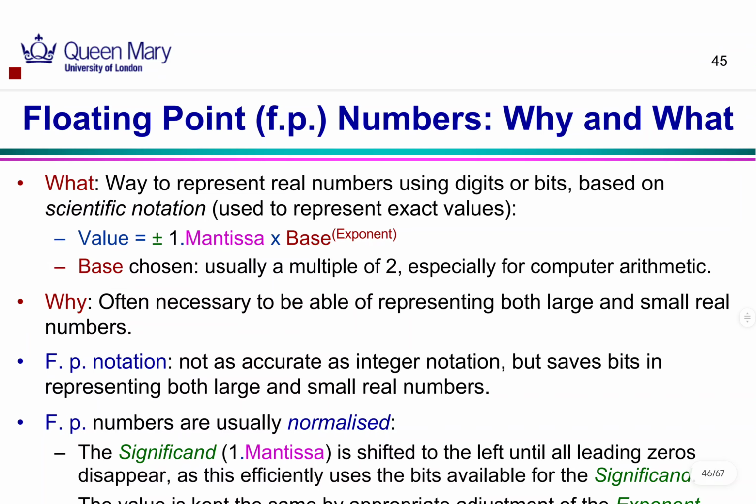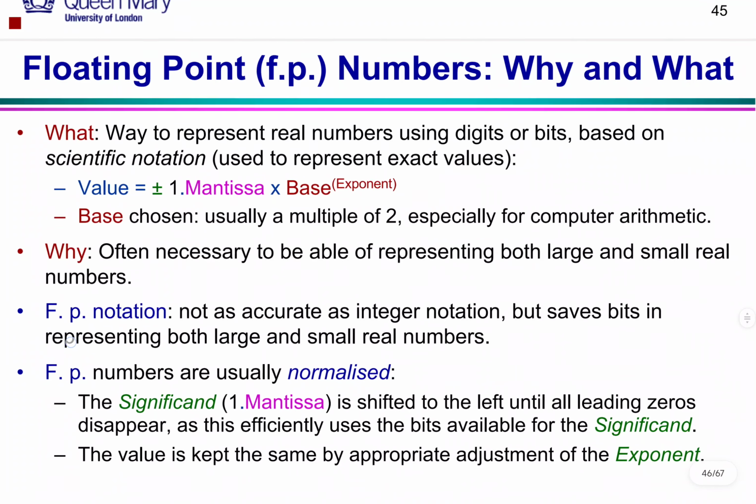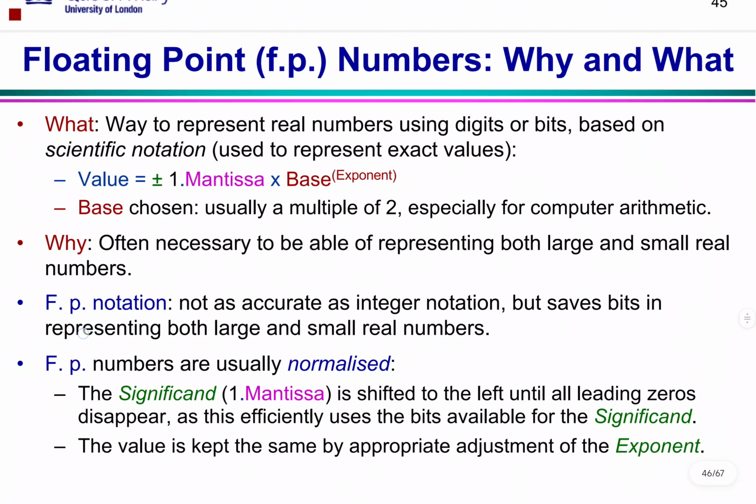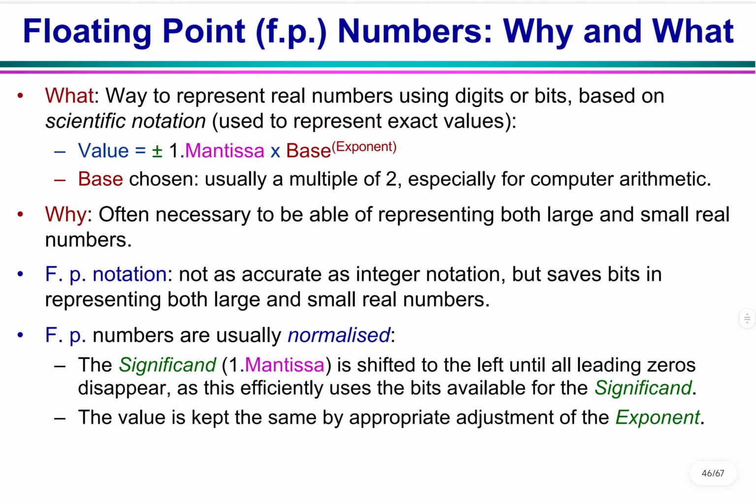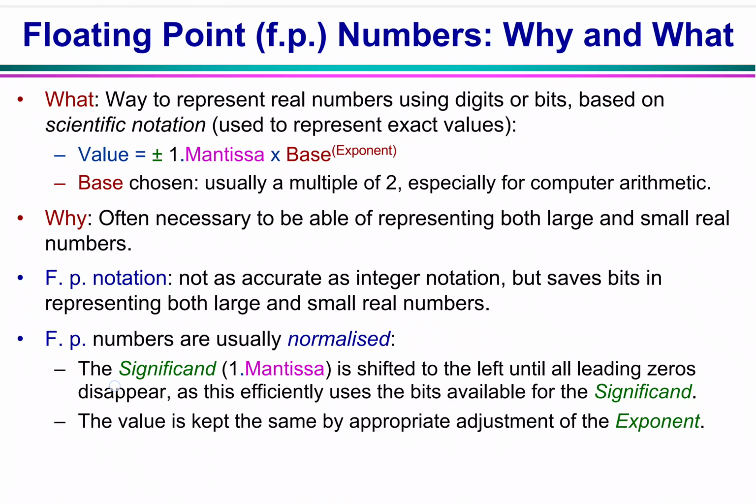Floating point numbers: why and what? A way to represent a number using digits based on scientific notation. Mantissa, base, exponent. The base is usually 2, especially for computer arithmetic.